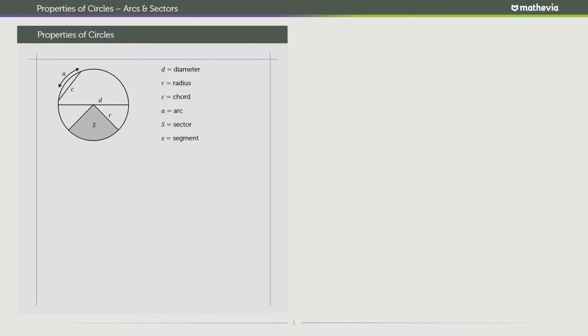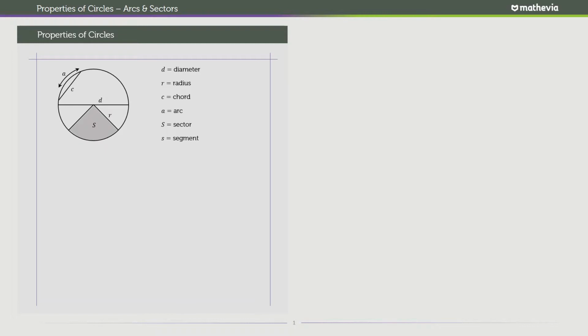And then finally, segments. Just like sector, we have big S for sector, small s for segment. A segment, just like a sector, is another part of the area of a circle, but it's not bounded by two radii, and it doesn't have anything to do with coming from the center.